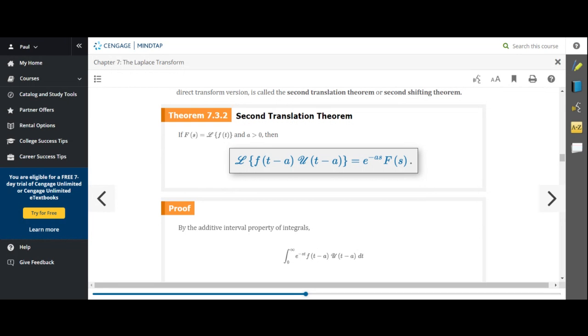It turns out that the Laplace transform of that is going to equal e to the negative a s power times big F of s, which is the Laplace transform of your function f of t. Okay, and this can be proven without too much difficulty.